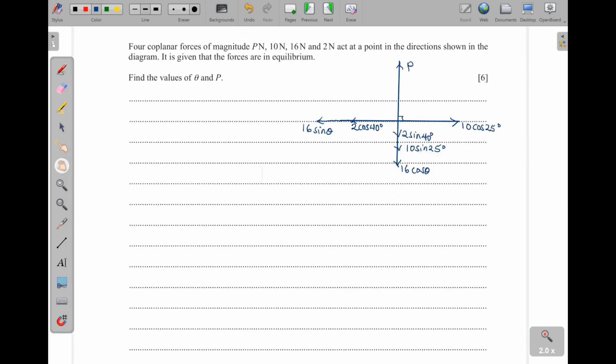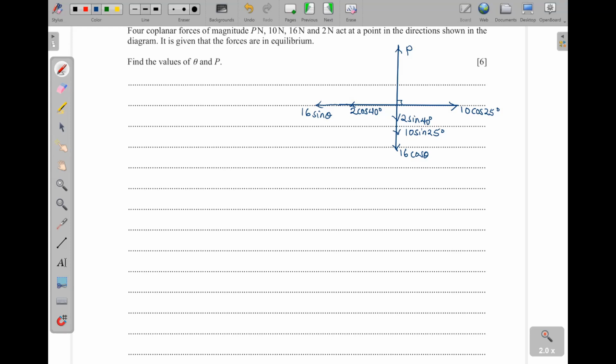Now, since the system is in equilibrium, resolving forces horizontally, what is going this way is equal to what is going this way. So we can put 16 sine theta plus 2 cosine of 40. Then this one will give us 10 cos of 25 degrees.